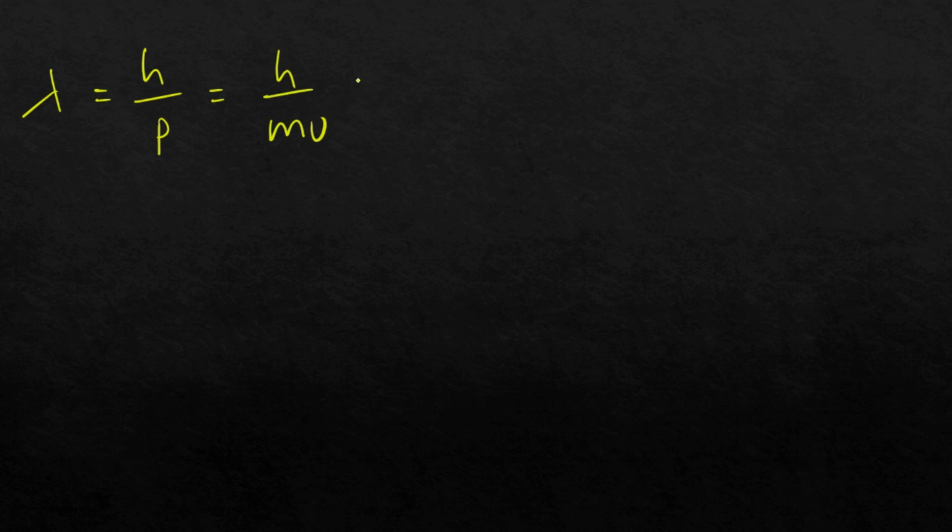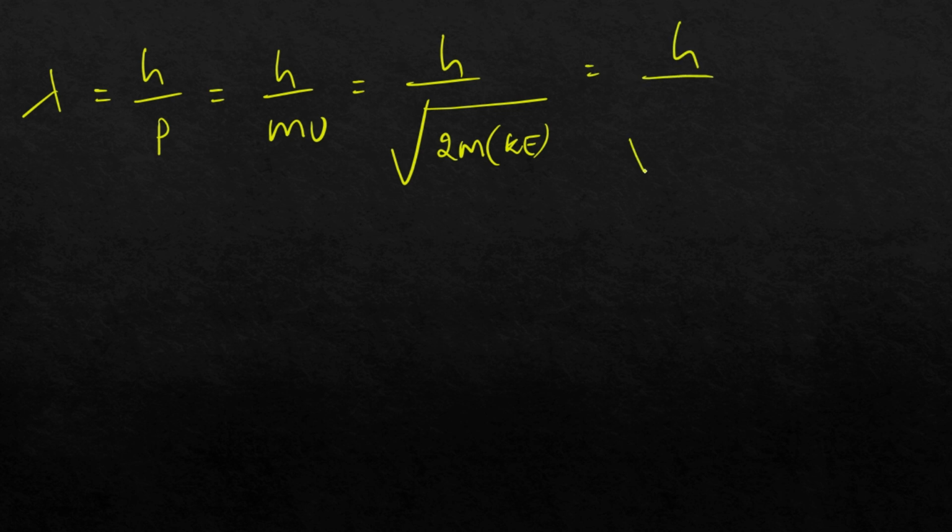Now I can write all the equations for de Broglie's wavelength. Lambda is equal to h by p, where p is the momentum, which is mv, so h by mv. Next, h by square root of 2m KE in terms of kinetic energy. Next, h by square root of 2m into eV.